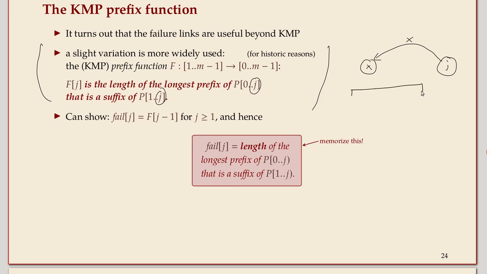So I'm looking at the prefix of the pattern up to letter J, excluding letter J, so the length J prefix. And I'm trying to put the same pattern again here, 0 up to J. And I try to match those two. Maybe I should leave some space in between.